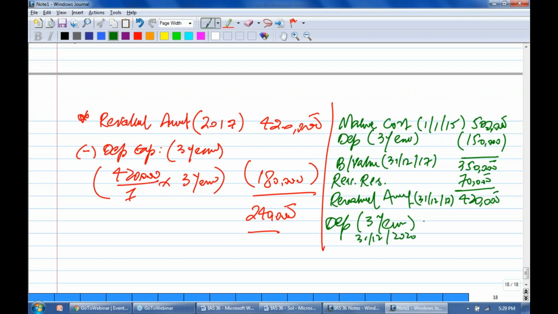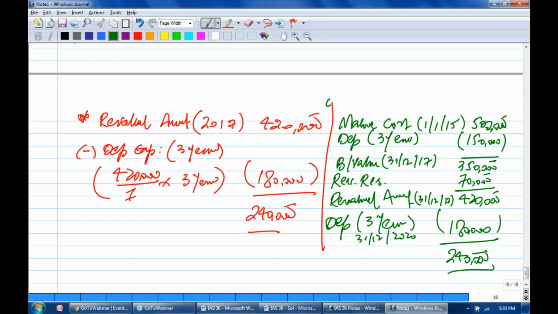So 420,000 divided by 7 into 3, that equals to 1,80,000. 420 minus 180, that equals to 2,40,000.